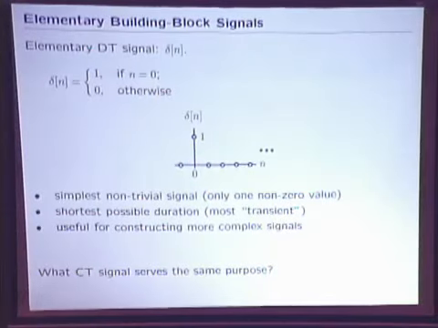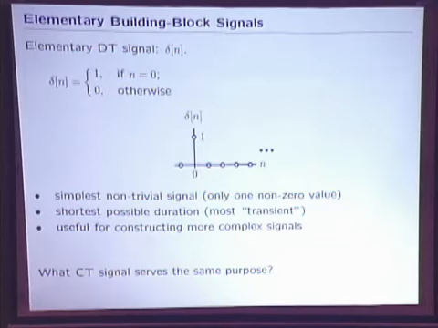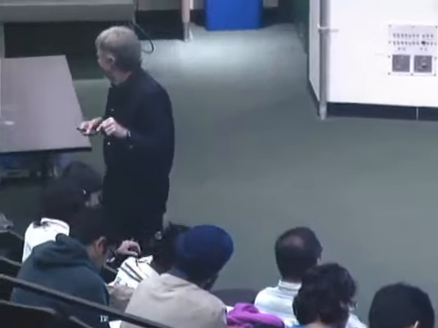There's one remaining problem. Something that is harder than it is in DT, probably the hardest part of CT, and that involves thinking about what should be our basis signals. In DT, there was a really good candidate for that, which we called the unit sample signal. The unit sample signal is the simplest possible non-trivial DT signal, by which I mean it is 0 everywhere except one place.